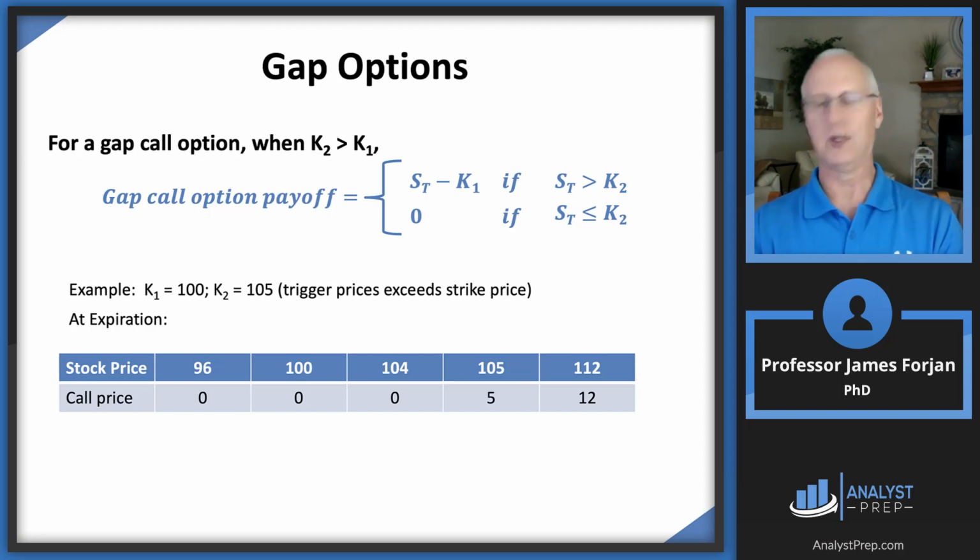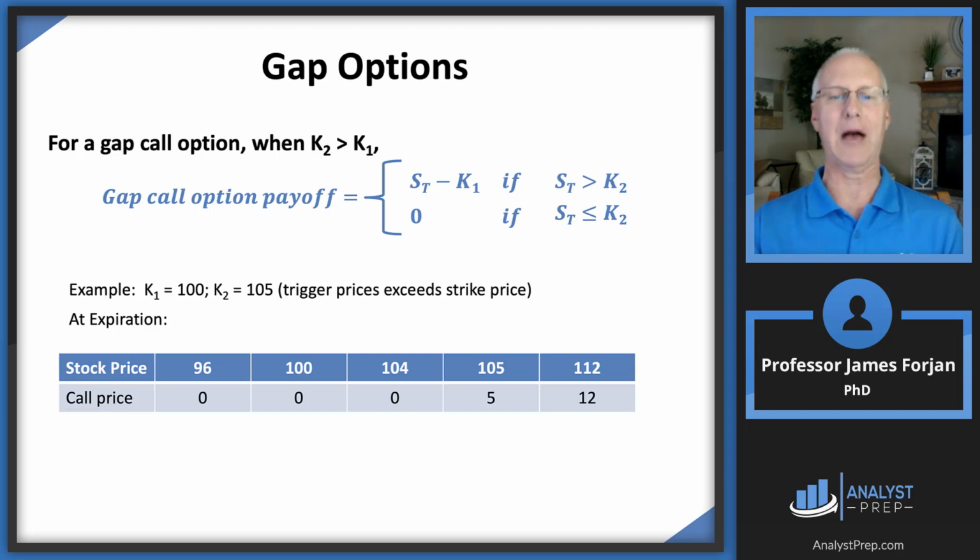And then at 106 and 107, all the way up to 112 and way above that, you get the difference between the stock price and K1, which in this case is 100. And so this call option, when the trigger price exceeds the strike price, works almost like a regular old call option, except there's that gap, right?